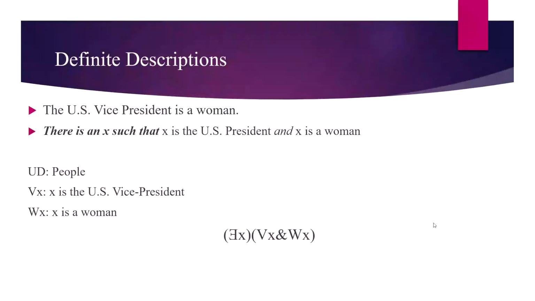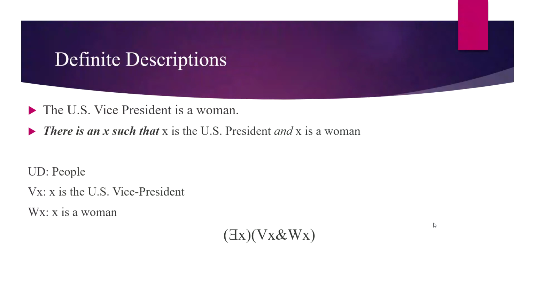And we might symbolize it like this: there exists an X, VX, and WX. The problem here is that this symbolization just says there exists at least one thing that is a vice president and a woman. With this symbolization, there's nothing that tells us there's only one, right? That the person that is the US Vice President is a woman.